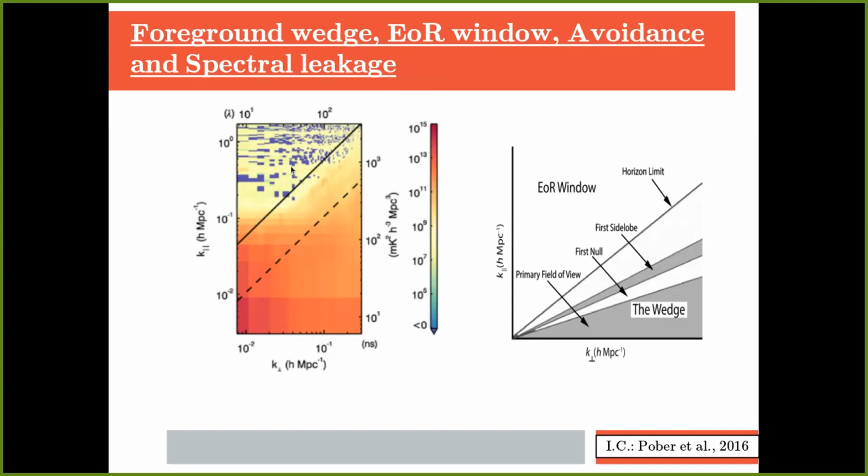This idea, where the foreground is confined within this region and the window opens up for 21 centimeter signal measurement, is what is known as the foreground avoidance technique.